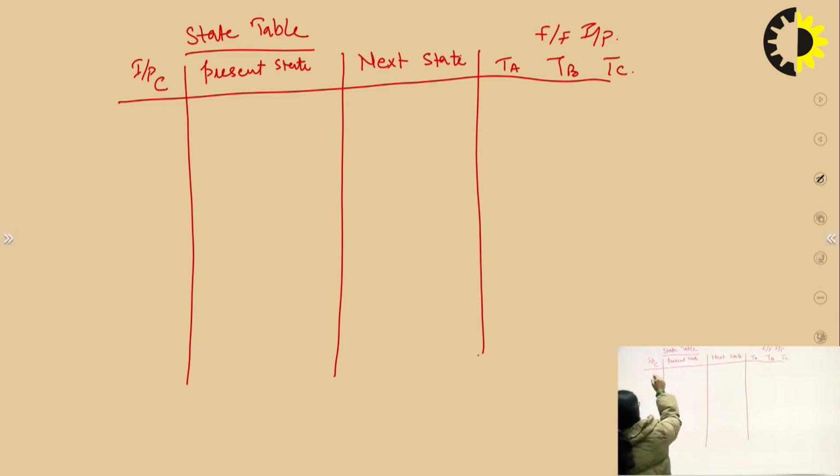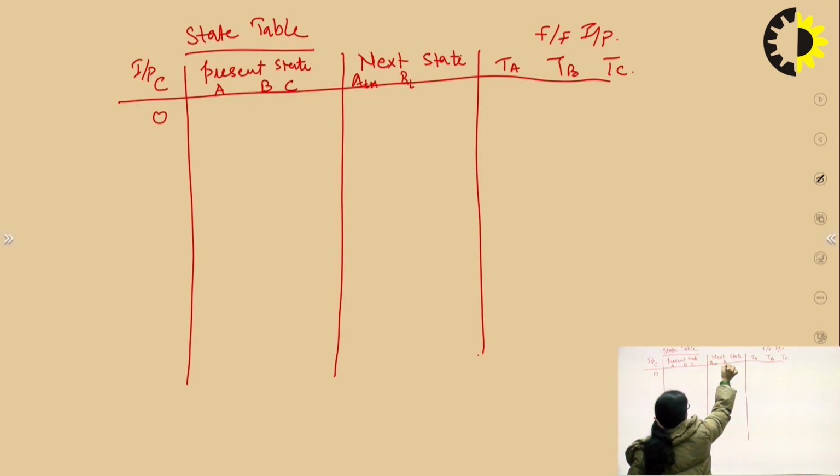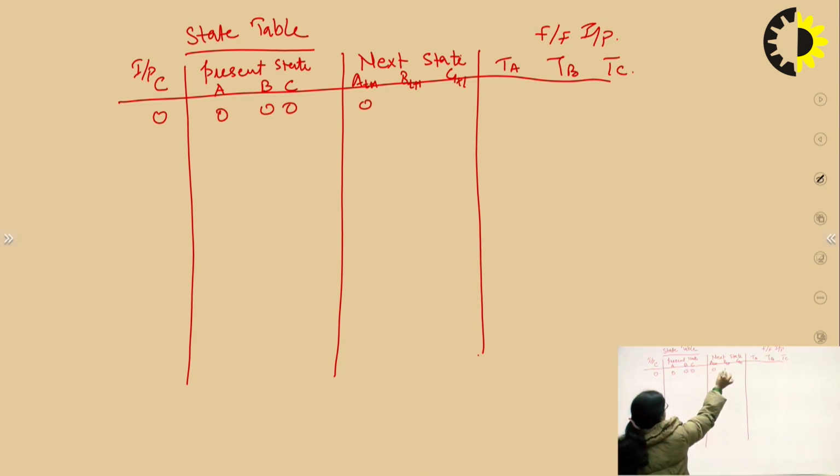Initially we consider the C input as 0. Our present state is A, B, C, and the next state is A(t+1), B(t+1), C(t+1). So the present state 0, 0, 0 has the next state 0, 0, 1.